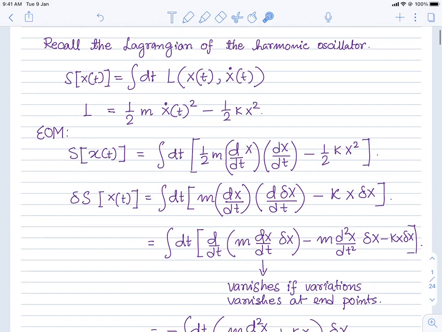And so how do we do the variation? If we have this functional, we vary the action with respect to this function x of t. So for this term, it is simple. It just gives me twice x delta x.